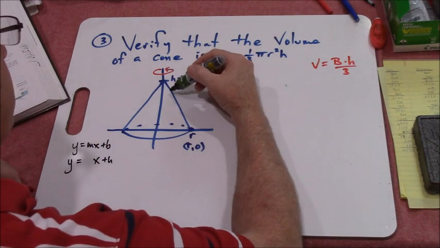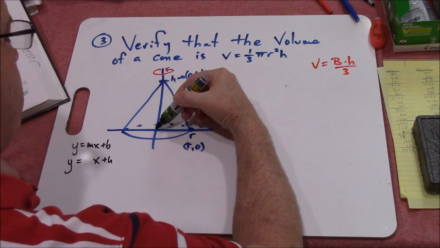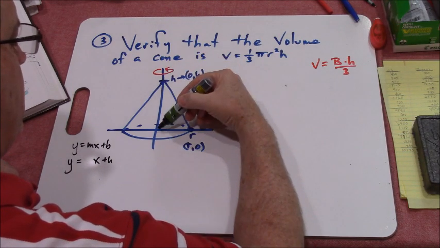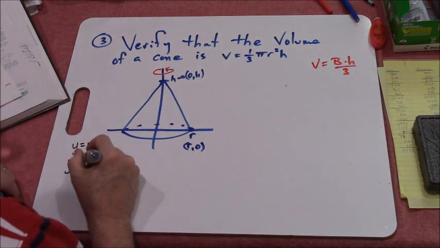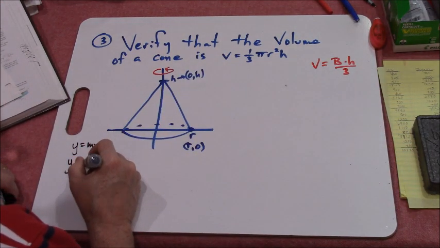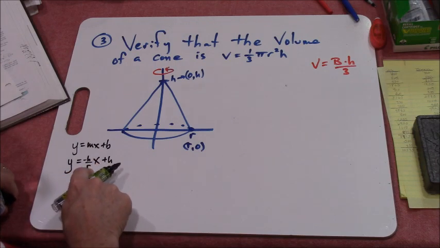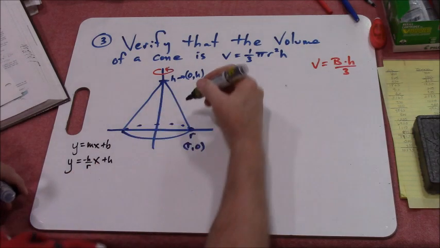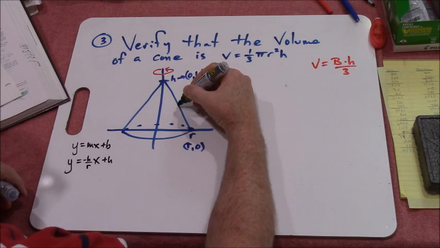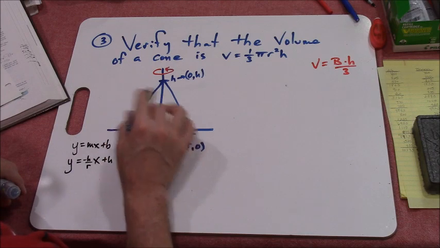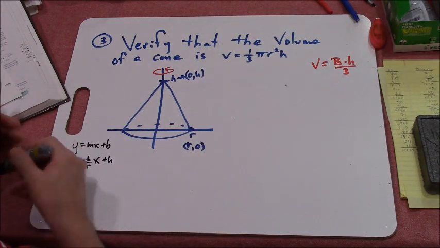The slope of this line is to go down h units and over r. So a negative h over r, that's what needs to go right here. Y equals mx plus b. There's my slope, there's my y-intercept of this line. Okay? And I'm going to rotate that about the y-axis.